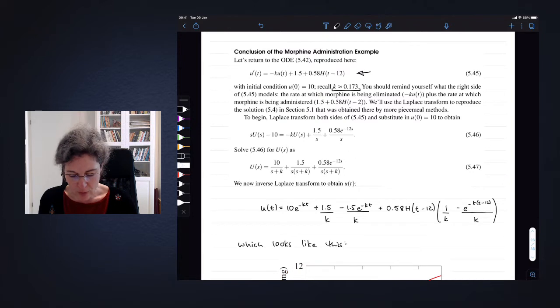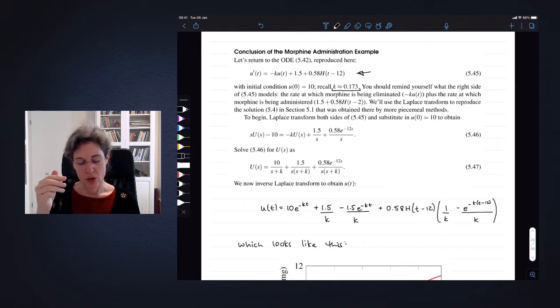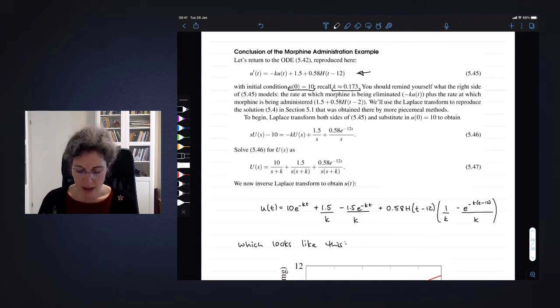For an average human, our k is around 0.173, that's the rate at which morphine in the system leaves the system, so is absorbed or excreted. And our u(0) being 10 says at time t equals 0 we give the person a single dose of morphine, as well as having them on the drip.